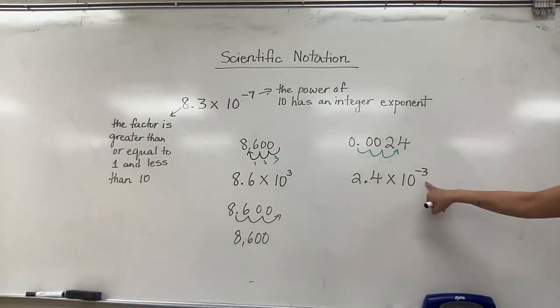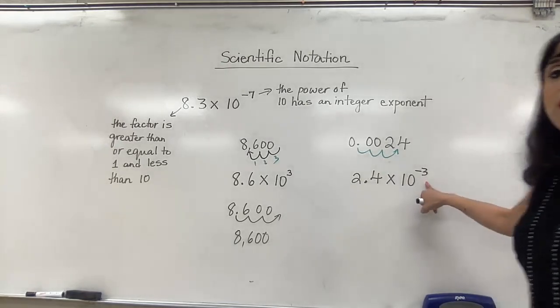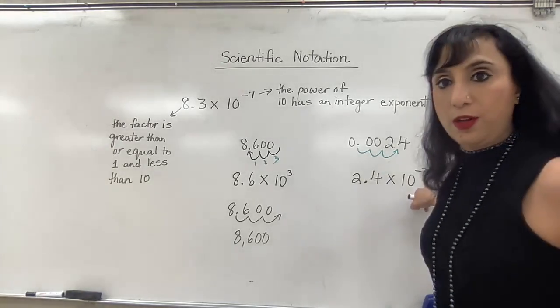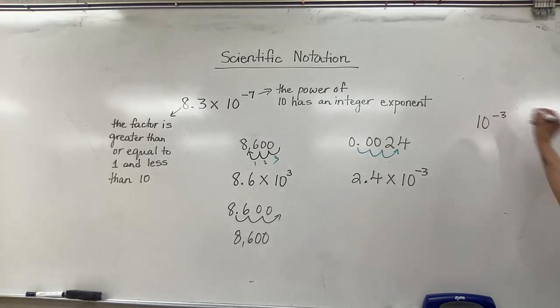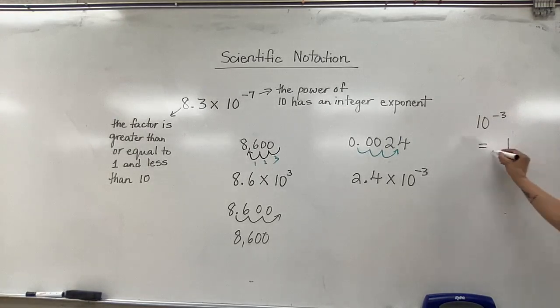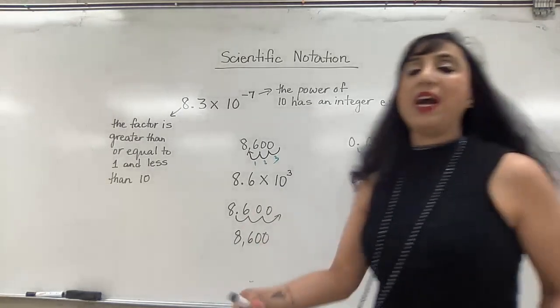We know that a negative exponent basically means the reciprocal. This actually means 1 over 10 times 10 times 10, and so basically I am dividing.